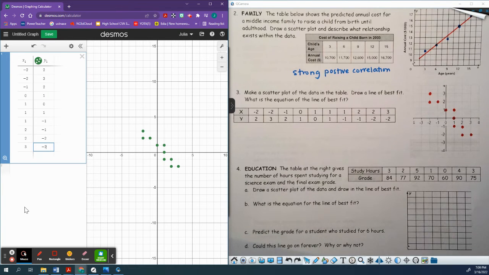Then you're going to go into your second line here, and we're going to type y, and we want to go down, so y down 1, y1 is going to be, and then, oops, this is in my way. Let's see if I can move this thing out of the way.